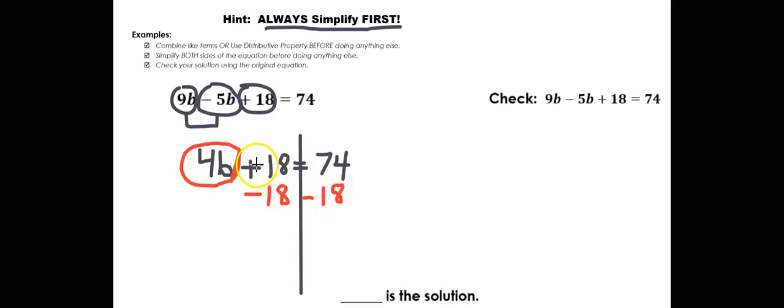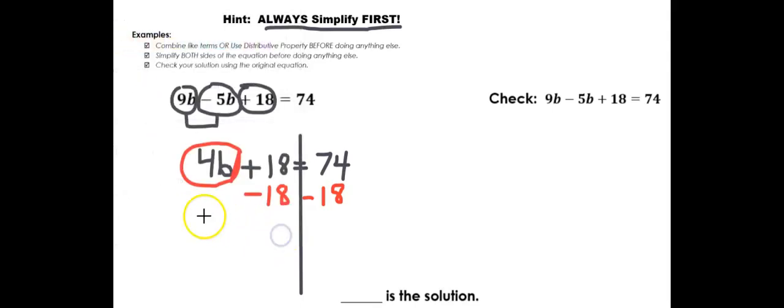Remember, the goal when we're solving algebraically is to isolate the variable term first, and then keep the balance. How you isolate it is subtracting the 18. And then on this side, when I subtract that 18, I'm going to get that solution to the equation. So it serves two purposes, that subtracting 18: one, to isolate the variable term, and on the other side, to find your solution.